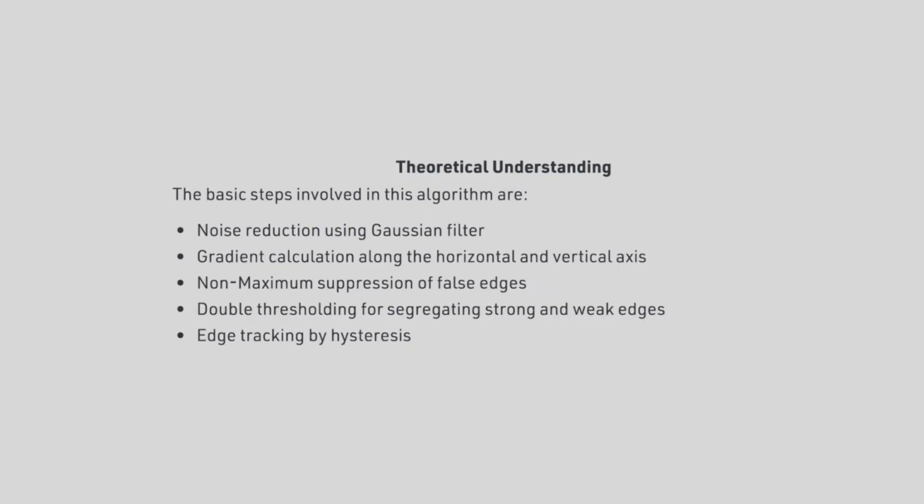So the main steps already I have explained. First I have to do the convolution of the image with the Gaussian, that is the noise reduction using a Gaussian filter. After this I have to determine the gradient magnitude. So first I have to determine the gradient along the x direction and the gradient along the y direction, the horizontal and the vertical directions. After this I can determine the gradient magnitude, and also I can determine the direction of the edge normal. After this the non-maxima suppression, that principle I have to consider, because in this case I have to see the neighborhood.